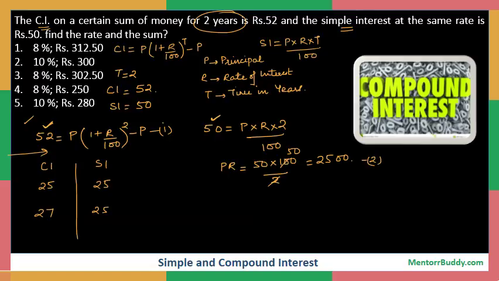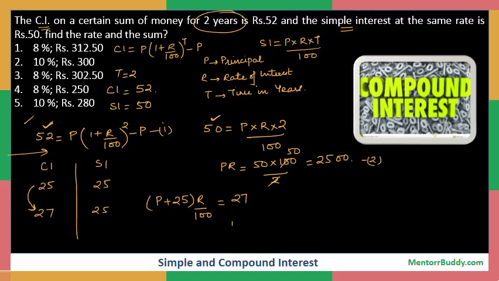From the first year to the second year, the interest will be applied on principal plus the first year's interest, that is 25 rupees, at the rate R by 100. So this is going to be P plus 25 multiplied by R by 100, and this should fetch me the interest for the second year, that is 27.